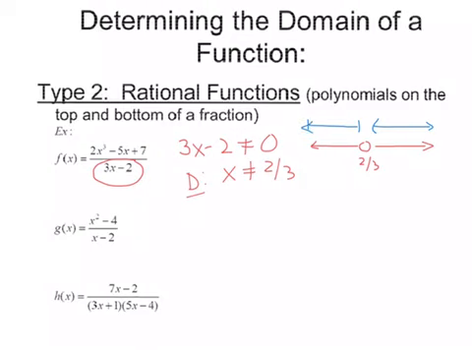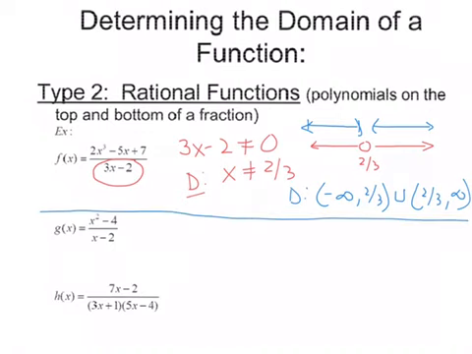So with that in mind, I can say the domain is from -infinity to 2/3. I'm going to skip 2/3, and then I'm going to go from 2/3 to positive infinity. So I have two different intervals in order to skip that 2/3, and then I'm going to put a union in between, and that is my domain in interval notation.